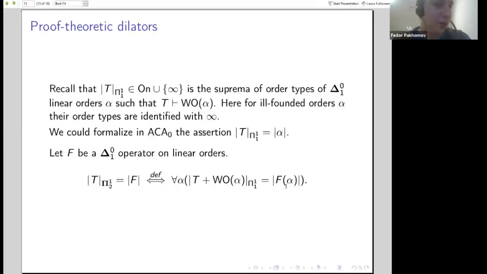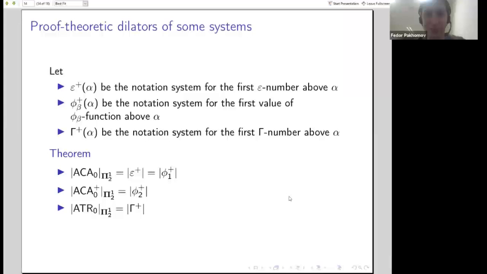And in fact, in all our cases, this will be a delta. What I haven't told is what the latter are. So for people who don't know, we're just giving some reasonably nice definition of functions from ordinals to ordinals. So I'll need the following functions, and here in fact they should work as functions from linear orders to linear orders.